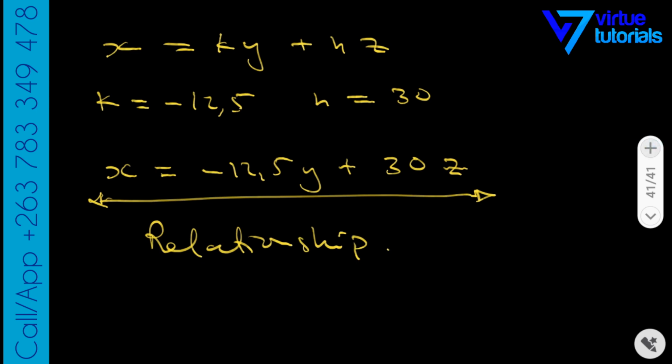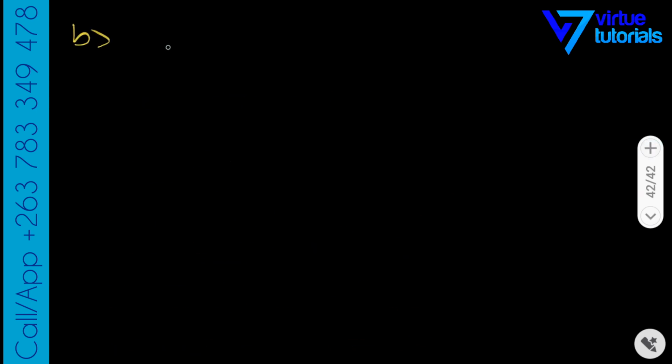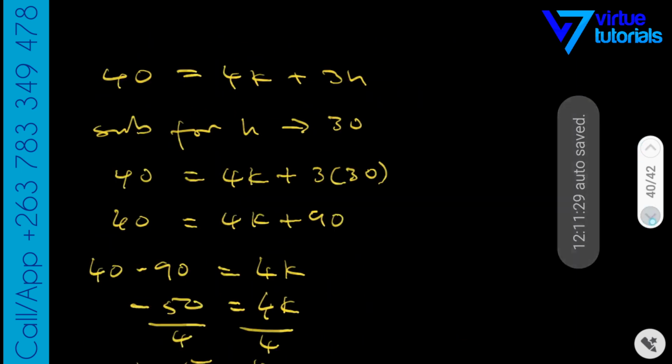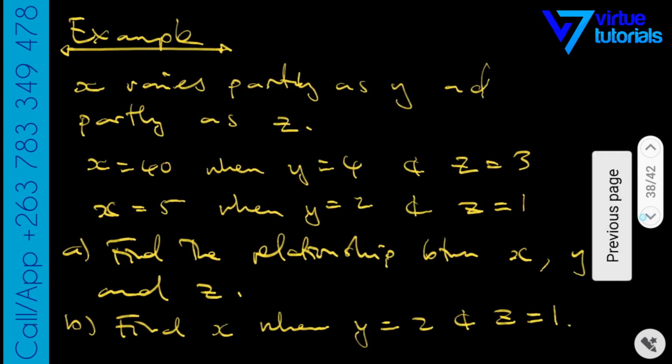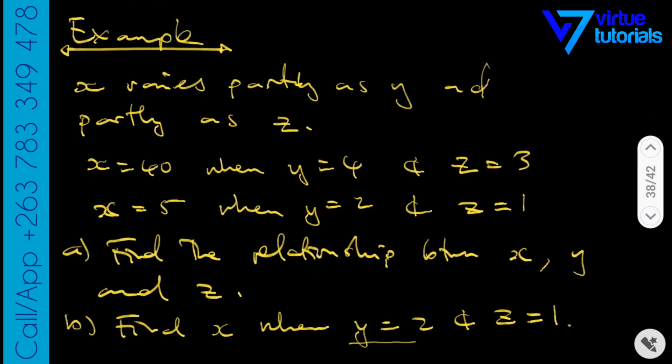Now for the next part, we know we need to use our relationship, which is x is equal to minus 12.5y plus 30z. So we're told, if we go back to our question, find x when y is 2 and z is 1. So y is 2 and z is 1.